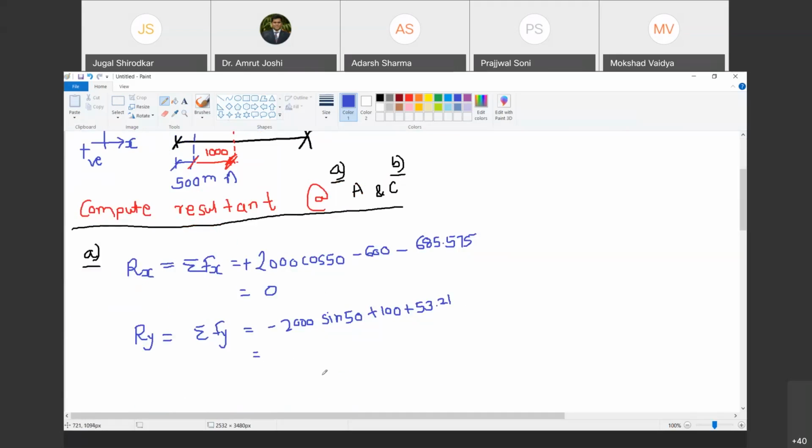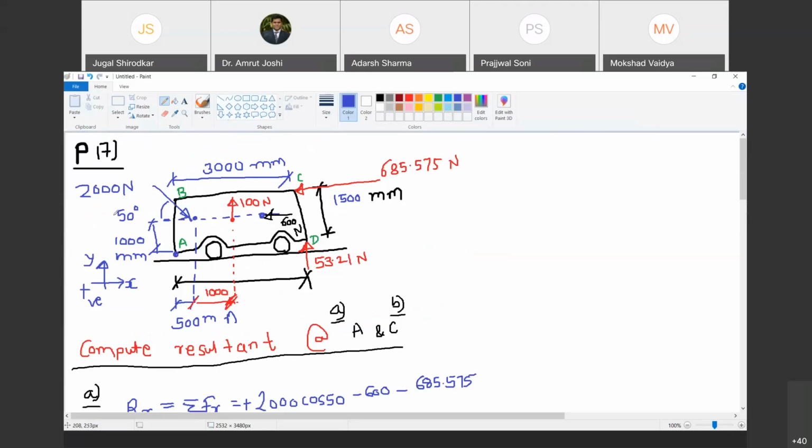Minus 1378.88. नहीं तो कुछ तो गड़बड़ किया आपने बताते वक्त. 2000 sin 50 कितना है बताओ. 1532.08. हाँ, 1532 है ना. ओके. 0.08 तो वो गड़बड़ हुई. तो इस 100 को 1000 कर दो in the problem setting itself.